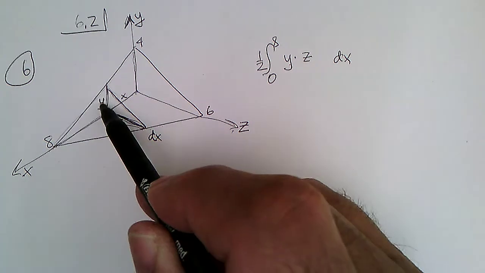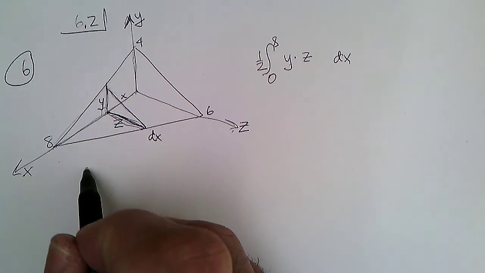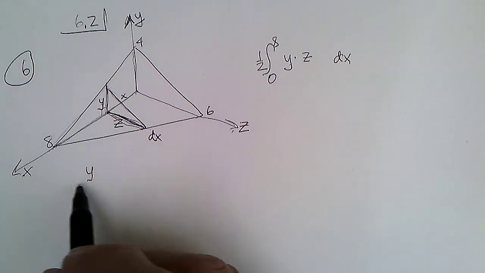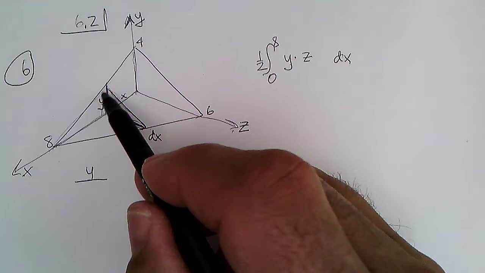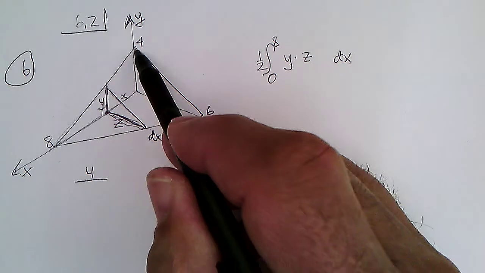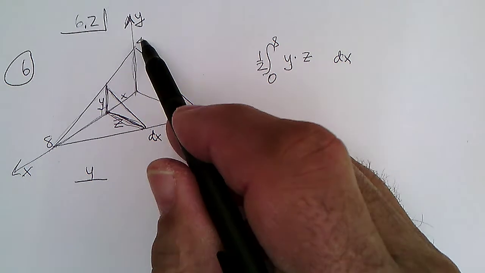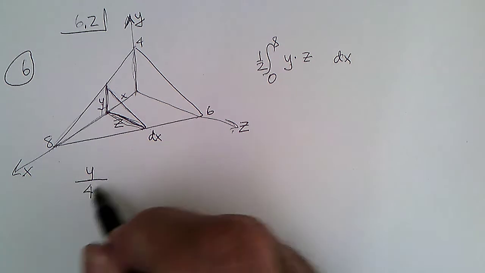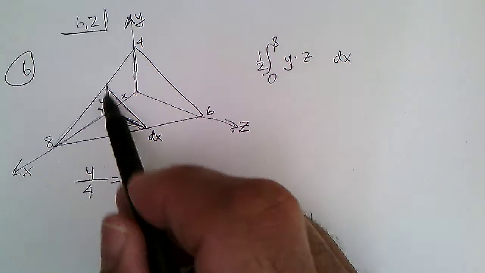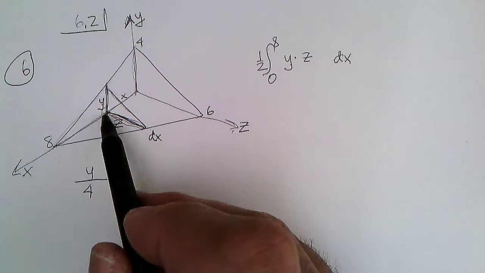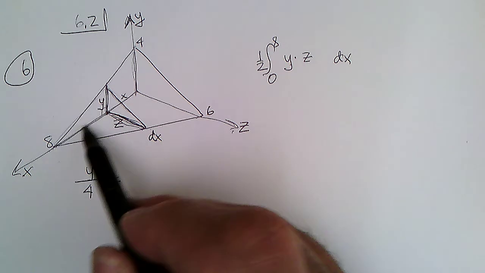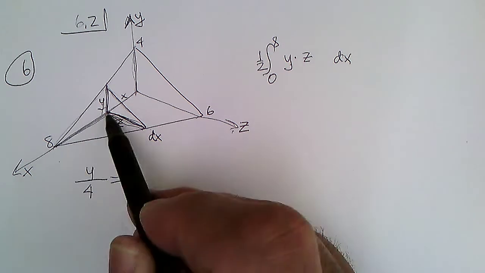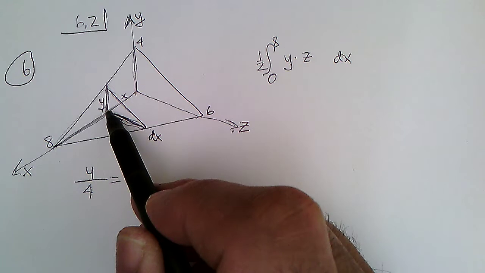Now I'm interested in the y, so I'm going to start with y. And I'm going to say y is to, see that's this way on this one, to the big one, that would be 4, as, and I don't want to mess around with the hypotenuse, so I'm going to work with this one because it has x in it, but this one's not x, this is x.